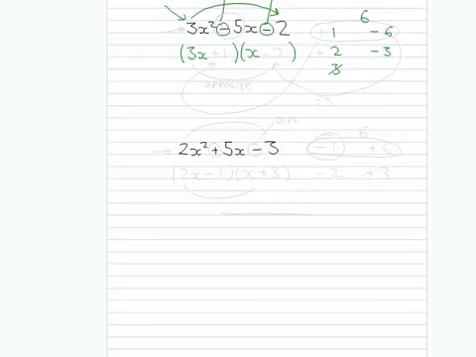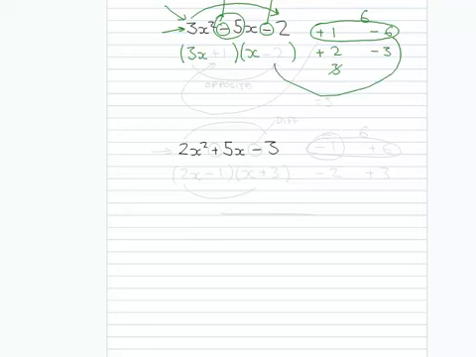Our first factor we gave a minus sign, so the other one's going to be different, so it's going to be a plus. Now we need to find a pair of factors that add up to minus 5. So in this case it's plus 1 and minus 6. However, because we've got the coefficient 3 in front of the x squared, we need to divide one of these factors by 3. Which one's divisible by 3? Well, it's minus 6.